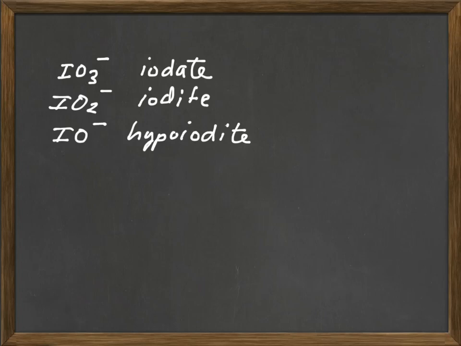Hypoiodite is one less oxygen than iodite. So there's that pattern with these guys. And then if we put one more oxygen on, IO4 minus, that's like the hyper version. Okay, it's got extra oxygen, more than the regular one. And so we don't put in the "hy", but it's "per": periodate.